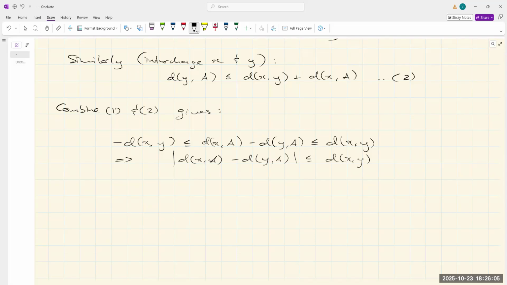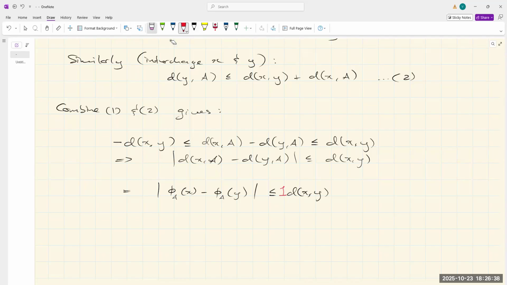Right? But what is d(x,A)? d(x,A) is just phi_A of x. And what is d(y,A)? That is just the function phi applied to y. Remember, phi is the function that maps a point to the distance from that point to the set A. Okay, this is less than or equal to d(x,y). Right, so the Lipschitz constant here is 1.